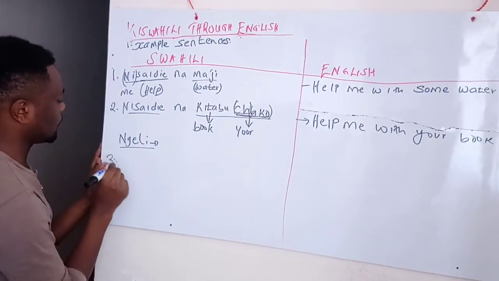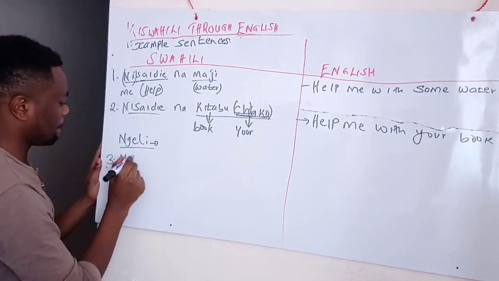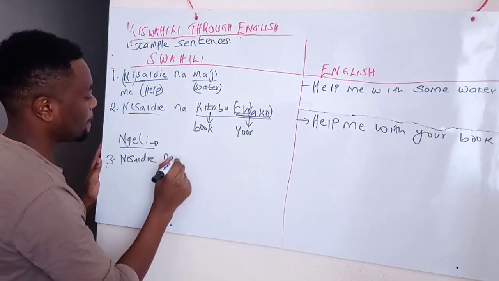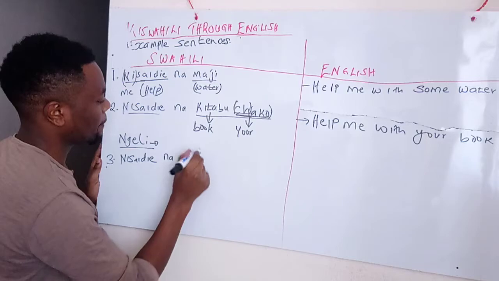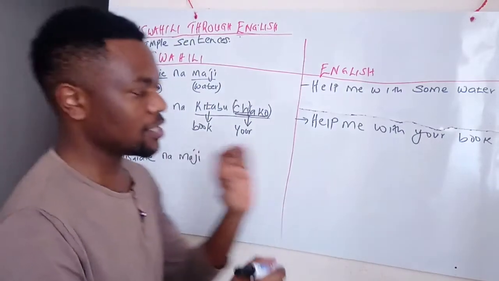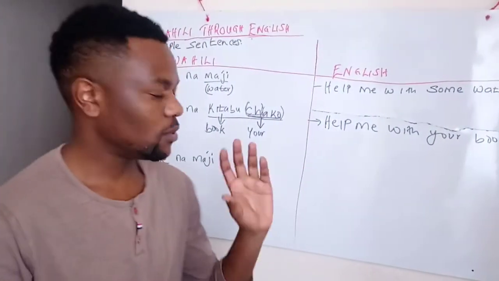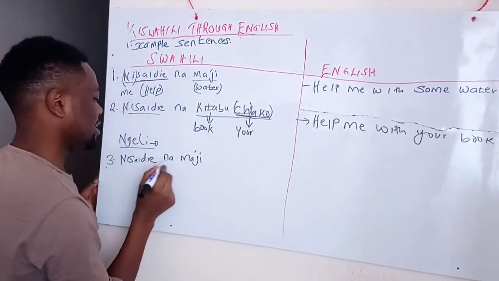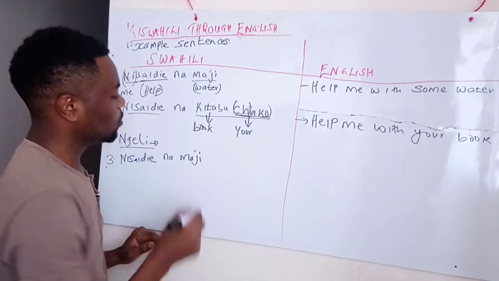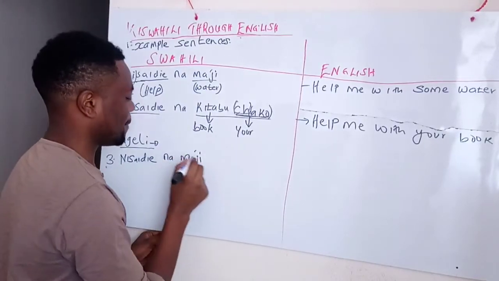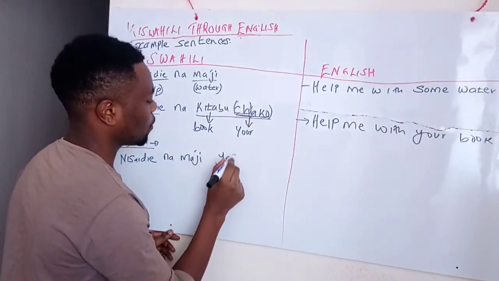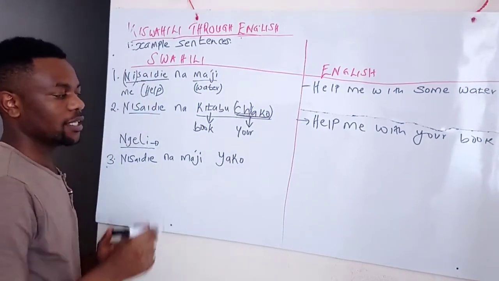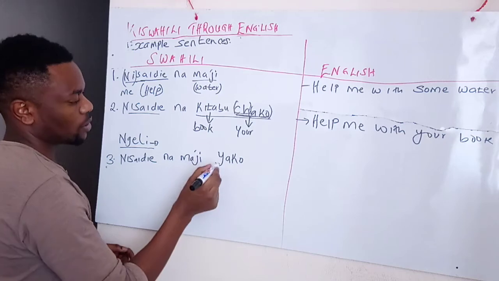So this way, nisaidie na maji, and we want to say it's your water that we are borrowing. So this time round we won't say nisaidie na maji chako. We shall say nisaidie na maji yako. Nisaidie na maji yako.